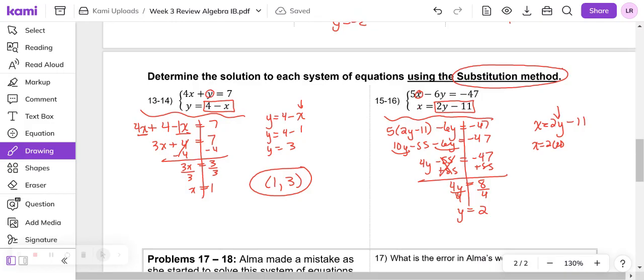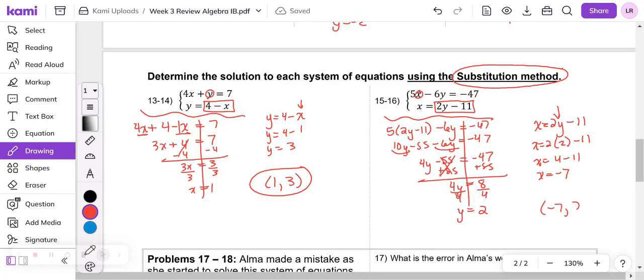Whoa, that's ugly. I can't even read that. 2 times 2 minus 11. That'd be 4 minus 11, which is negative 7. Okay? So this answer should be negative 7, positive 2.